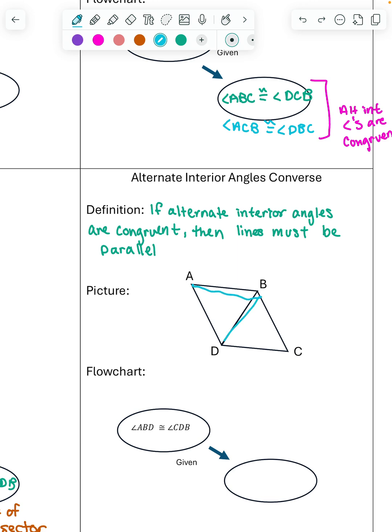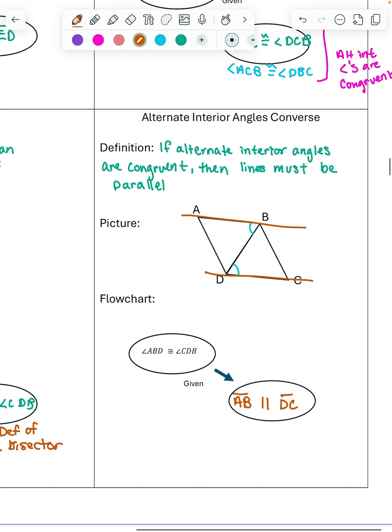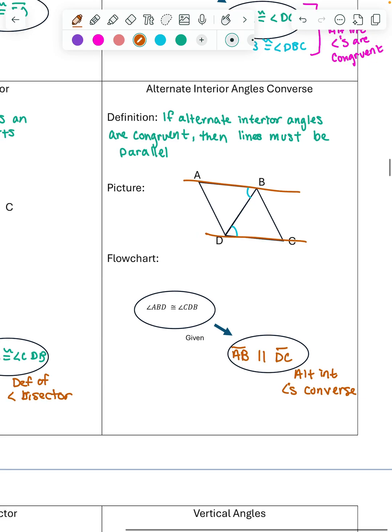So if we were given that angle ABD is congruent to angle CDB, then that must mean that sides AB and DC are parallel. The reason we can say this is because alternate interior angle converse. That's the name of this proof tactic. That would be our reasoning.